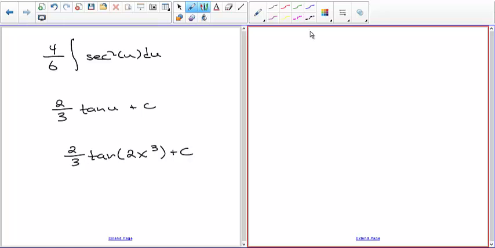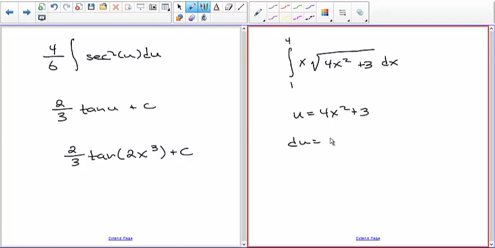Number 9. So now we're into definite integrals. So again, we have the square root term, so most likely it's going to be u substitution. So we'll let the argument of the square root be u. So when we take the derivative, you'll get du is equal to 8x dx.